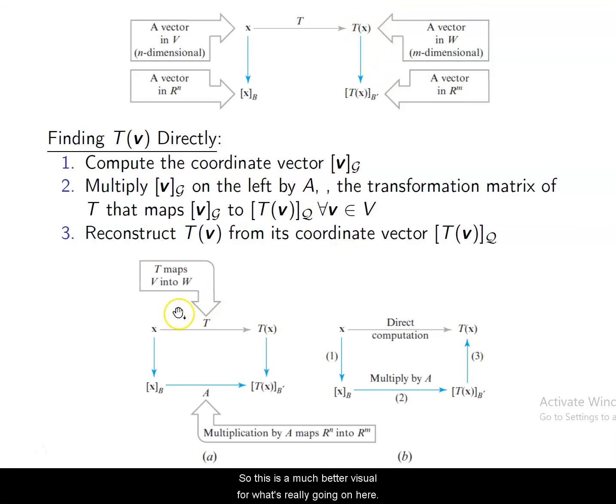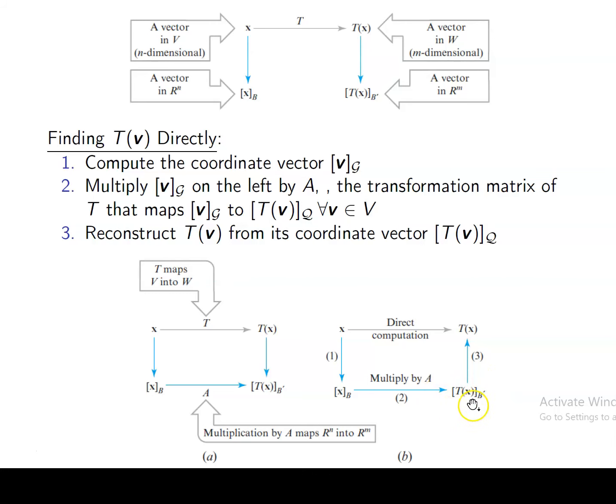Okay, so this is a much better visual for what's really going on here. This is the part that we really want to look at. The first thing that I'm going to do is take x and write it in terms of the basis of the space that I'm in. I'm going to transform it by multiplying it by my transformation matrix. It will give me the transformation in terms of the basis of the space that I'm in.